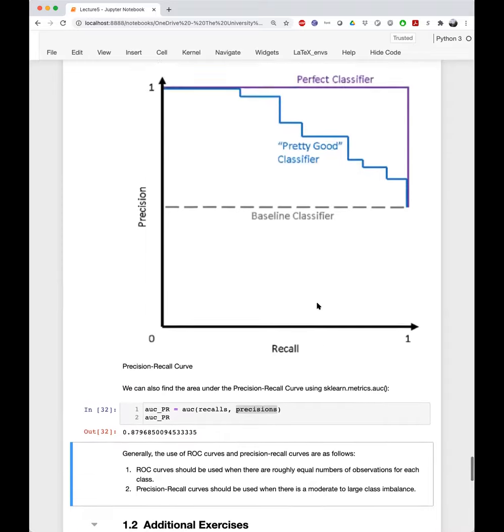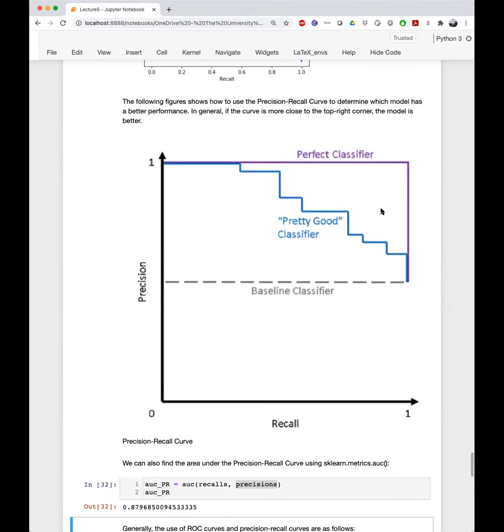The final thing I would like to talk about for the precision recall curve is threshold selection, or model selection. Same as we talked about with the ROC curve, you can use the precision versus recall curve to select a model.